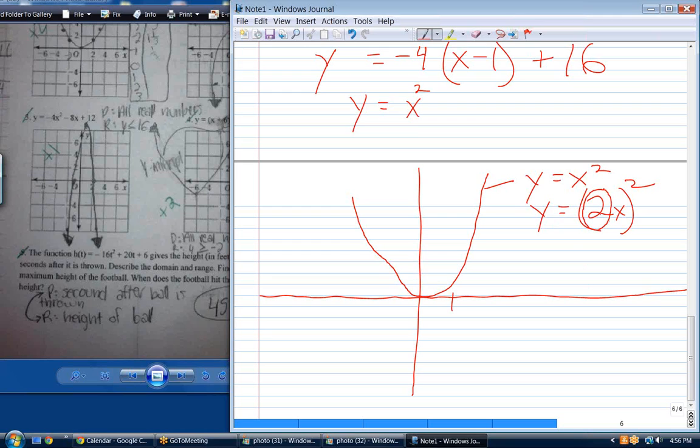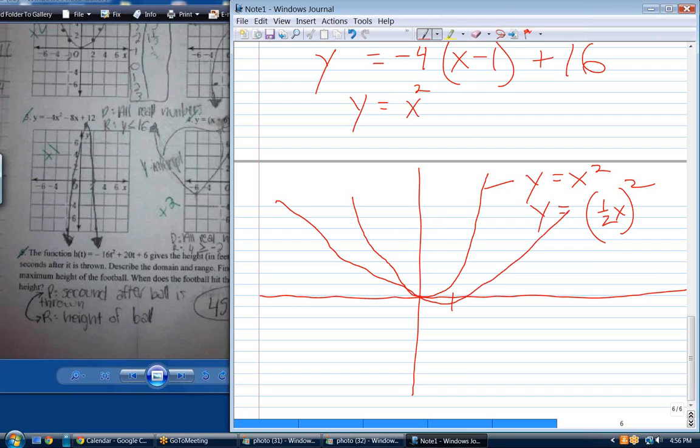When you have a number greater than 1, it acts as a shrink. That's a horizontal shrink, made it skinnier. And if it's a number less than 1, say 1/2, then that is going to be a horizontal stretch. It's going to make it fatter.